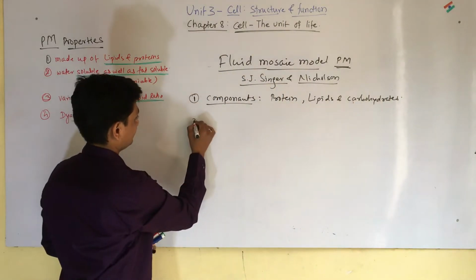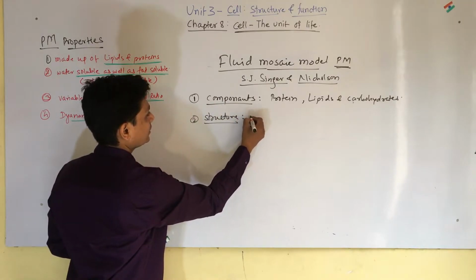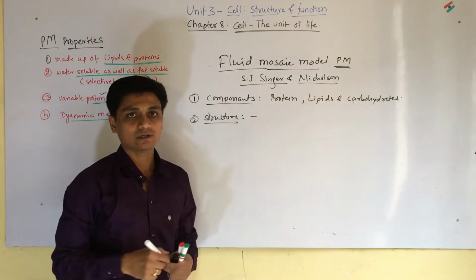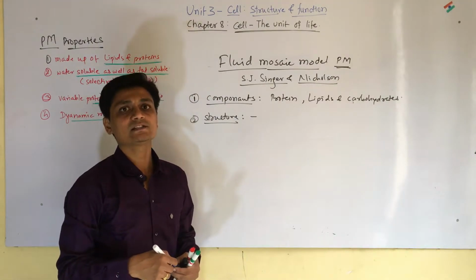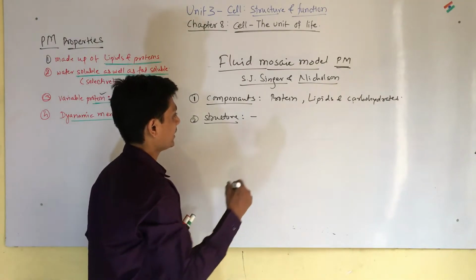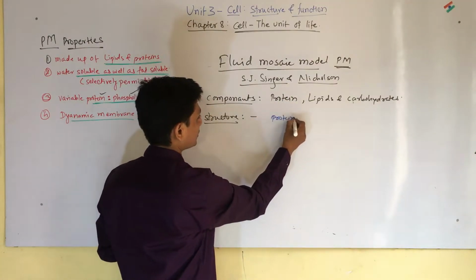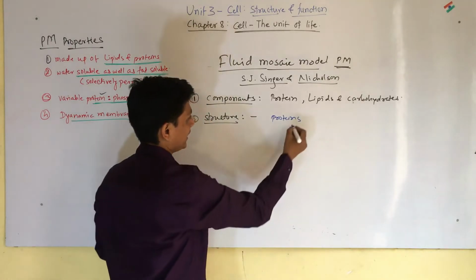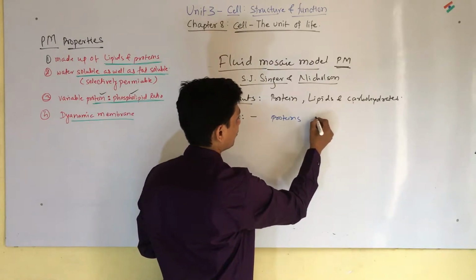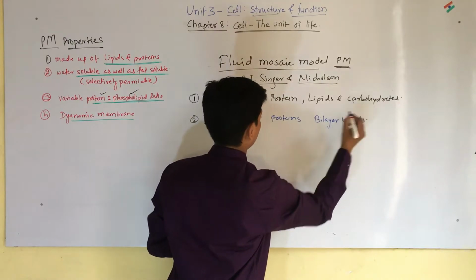Then structure. According to their fluid mosaic model, the structure is like that of the sandwich model and unit membrane model, that is, the trilaminar structure is there. The same structure is here also, having protein molecules on either side, and in between these protein molecules, the bilayer lipids are there.